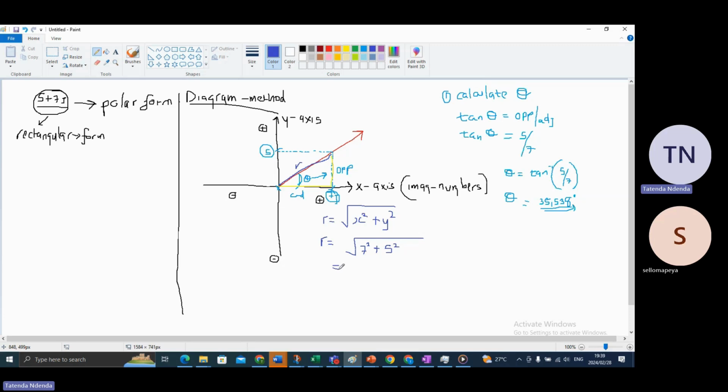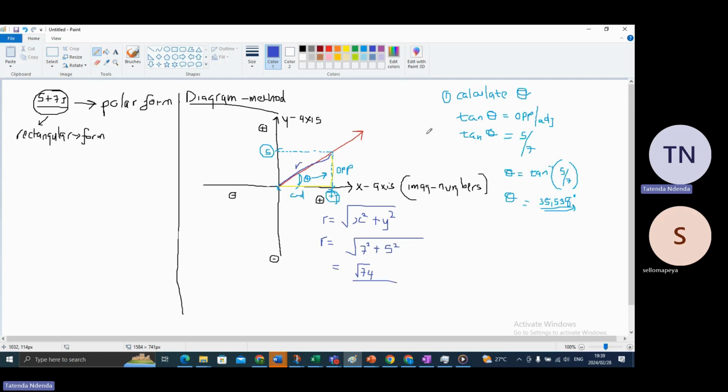Then we need the root of that. So it's going to be root of 74. So this is going to be our answer.